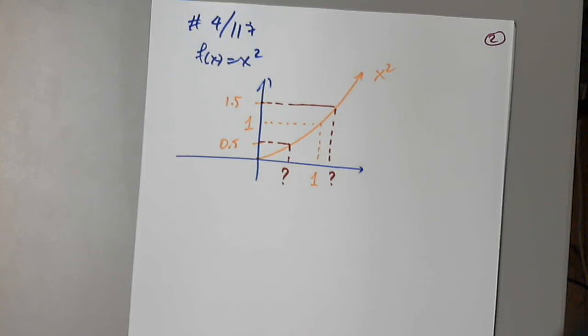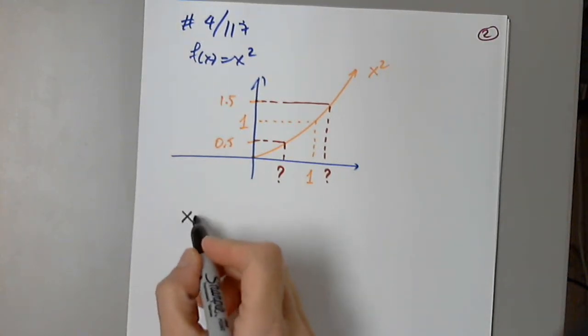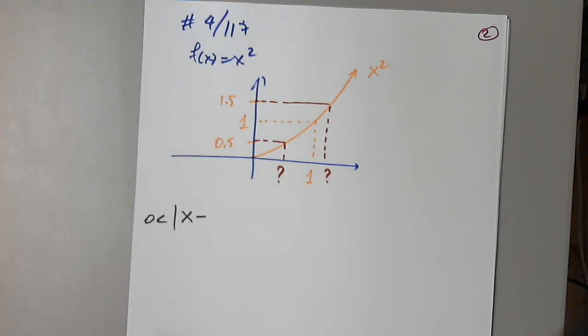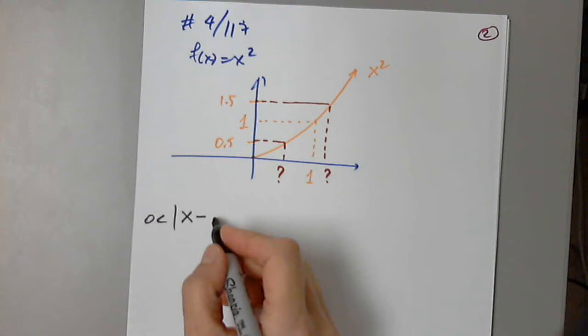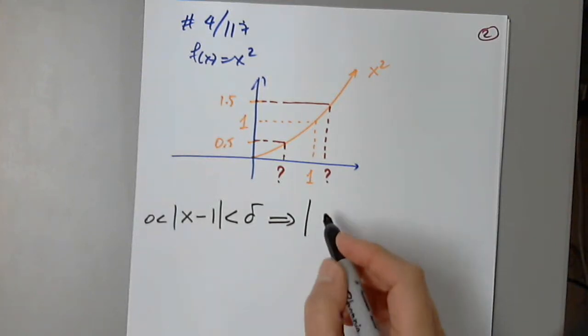as we know from before, from the precise definition of the limit, we have 0 less than x minus, what is a in our problem? 1, very good. Less than delta. This will always imply what is f of x in our problem?